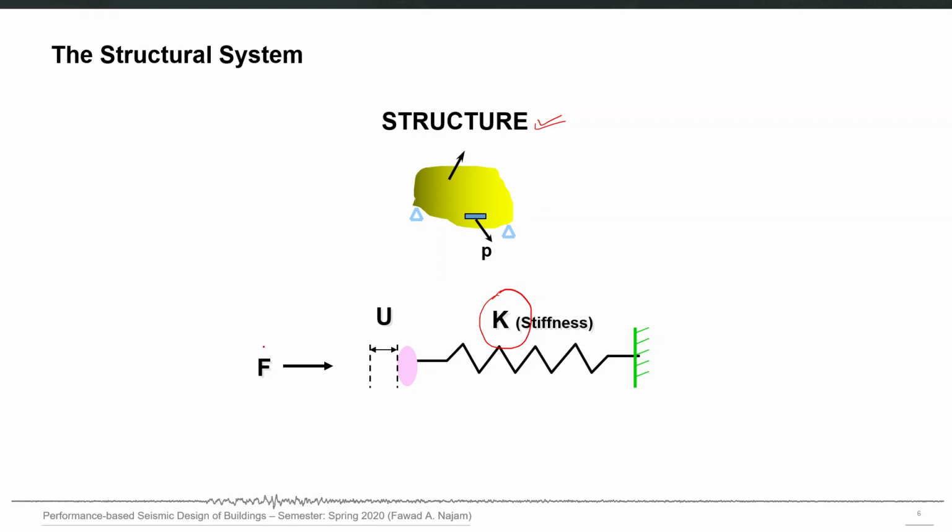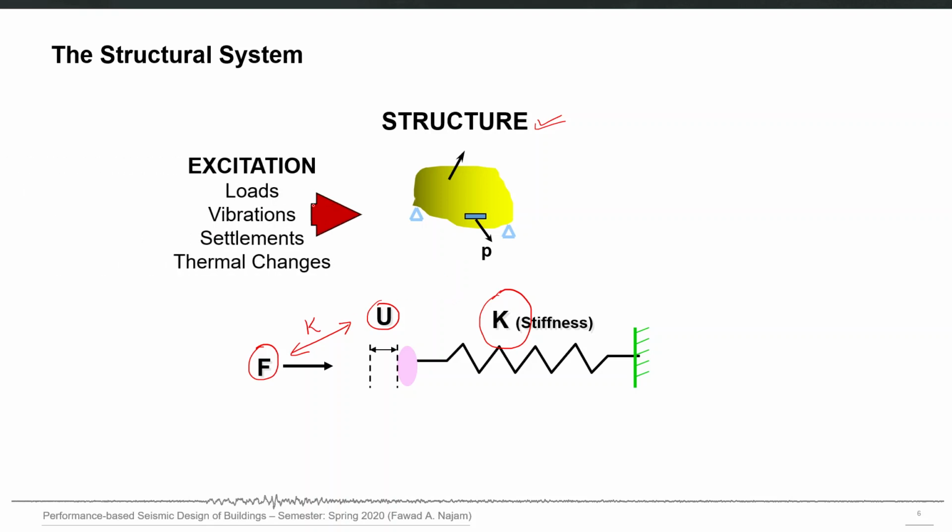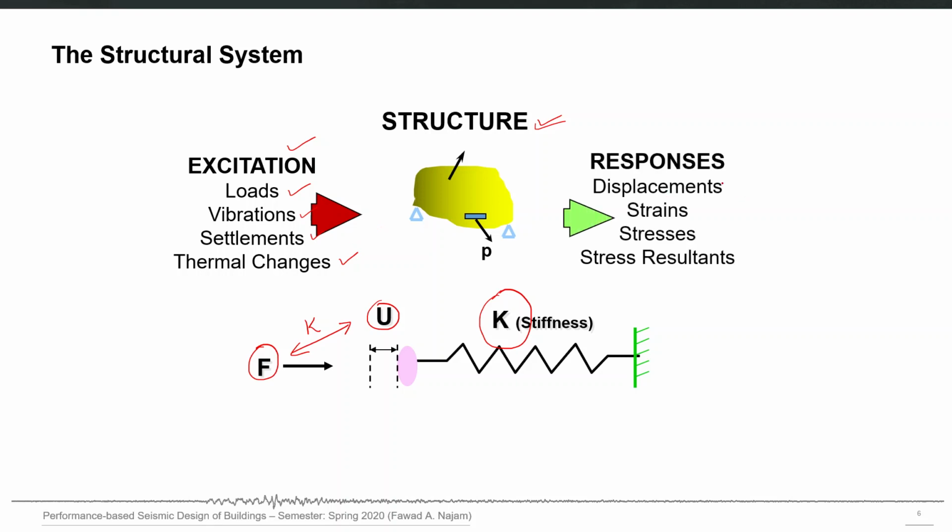The force applied to the structure and the corresponding deformations are linked with each other through this global stiffness matrix of the structure. So our target in this whole procedure is that the excitations are given, which can be in the form of loads, applied vibrations, settlements or thermal loads, and our target is to calculate the structural response in terms of displacements, strains, stresses, and stress resultants.